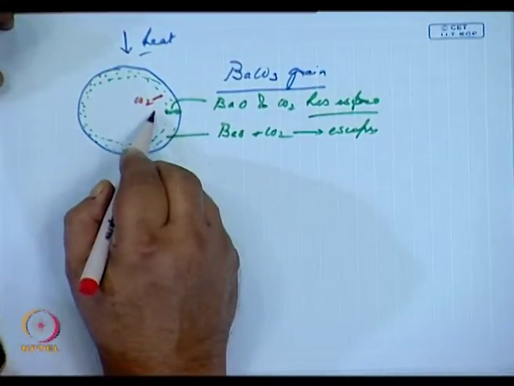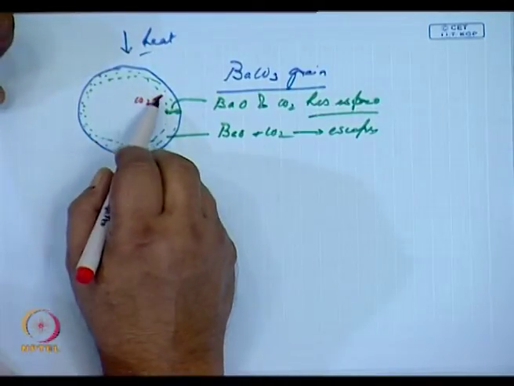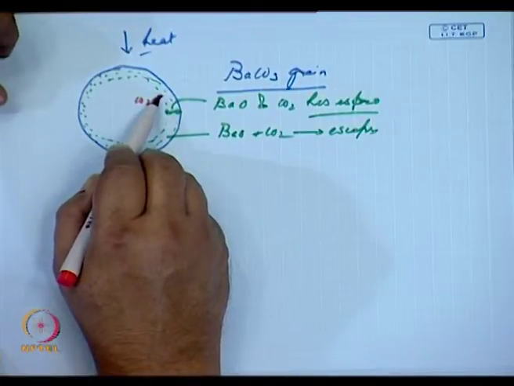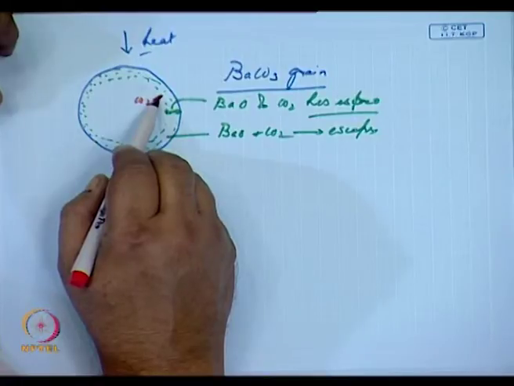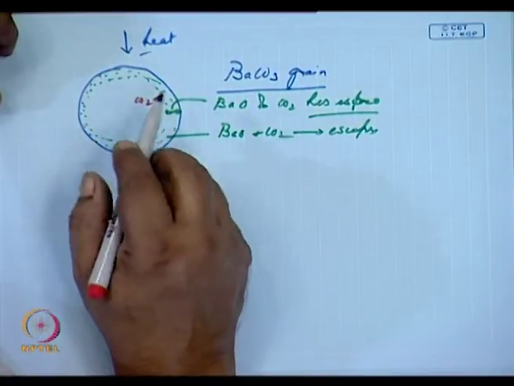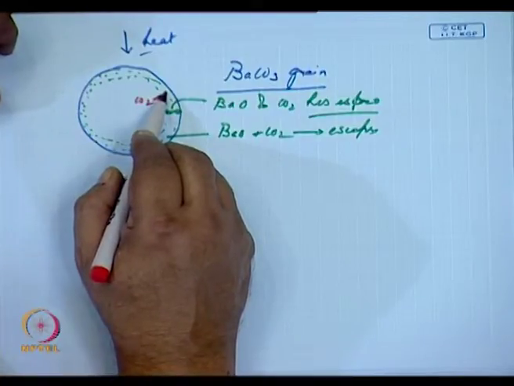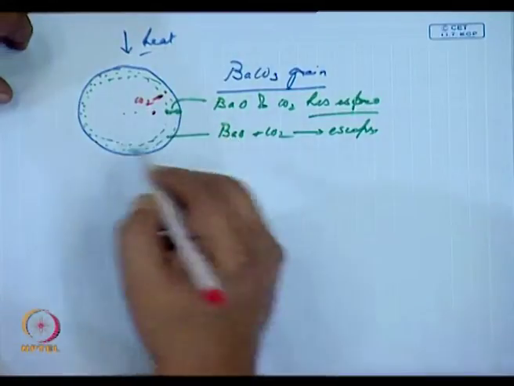So this grain dissociates to give you BaO, the CO2 tries to escape, there is BaO there, and it forms barium carbonate. This particular layer has to decompose, liberating the CO2. The CO2 goes out and is again absorbed by the next layer. So what happens during these steps as we go deeper and deeper in?